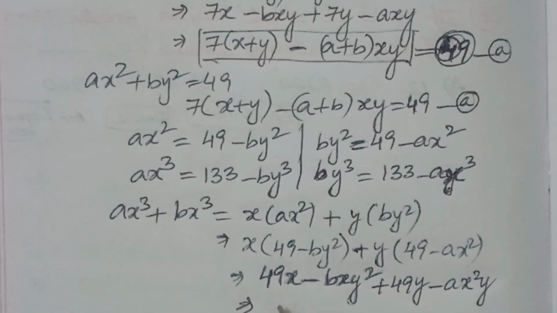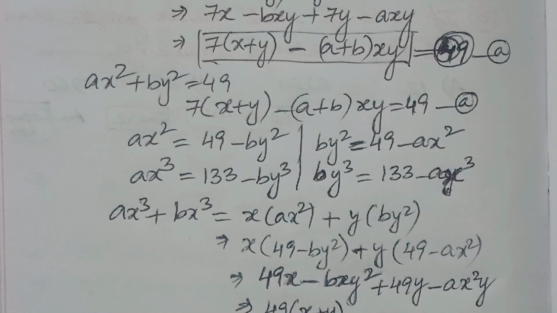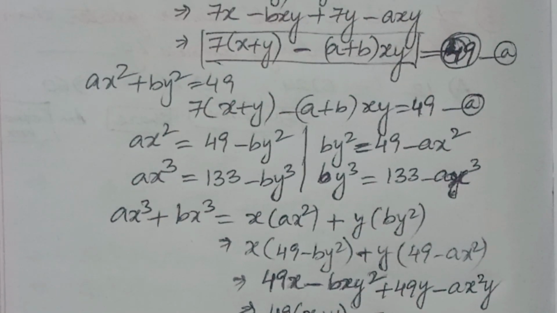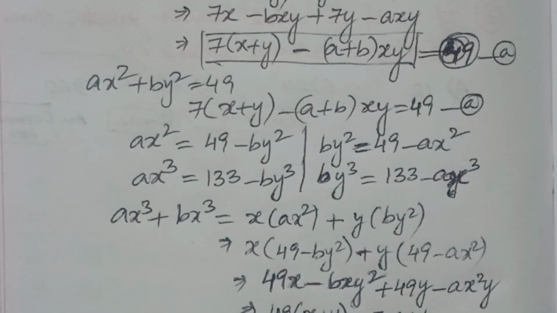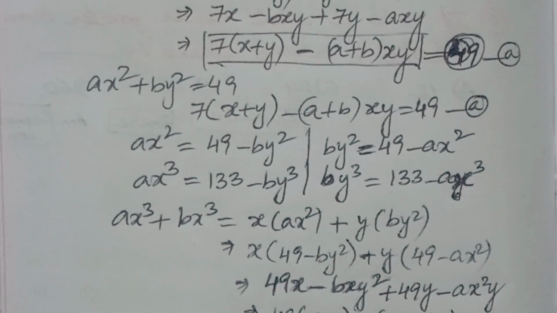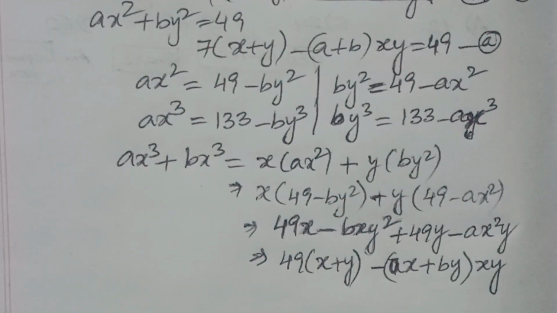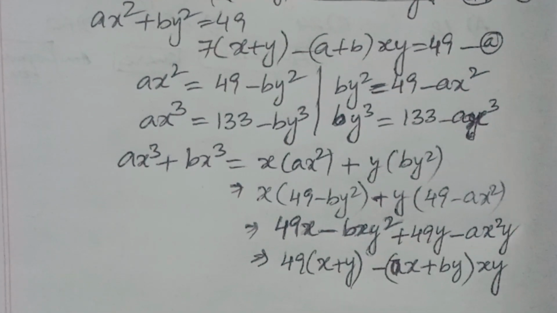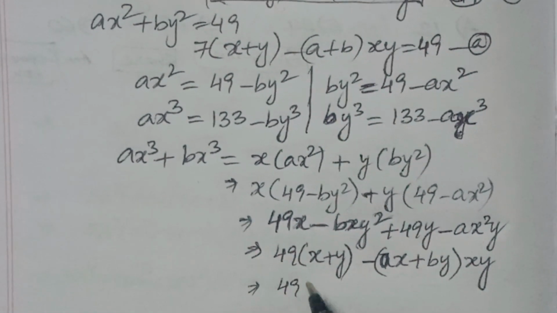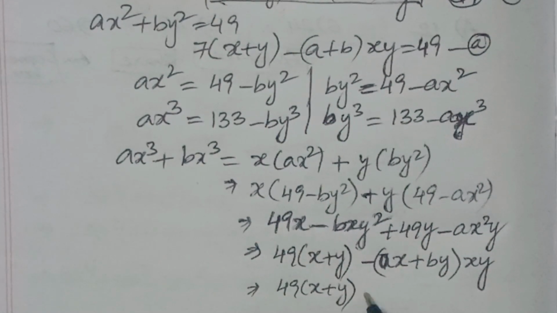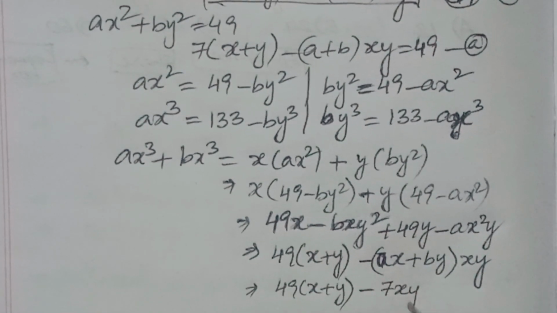So here you can take common 49 into (x plus y) minus (ax plus by) into xy common. Here ax plus by is 7, so you can write 7xy.